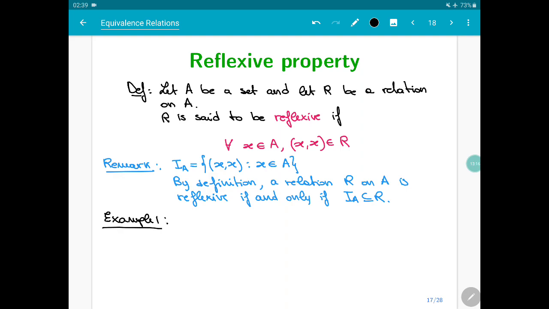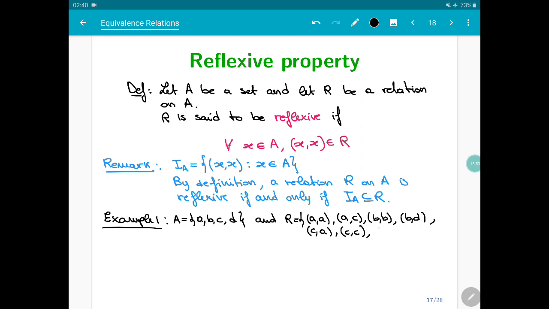So if I take A equal to {a, b, c, d}, and I define R to be {(a, a), (a, c), (b, b), (b, d), (c, a), (c, c), (d, a), (d, d)}.